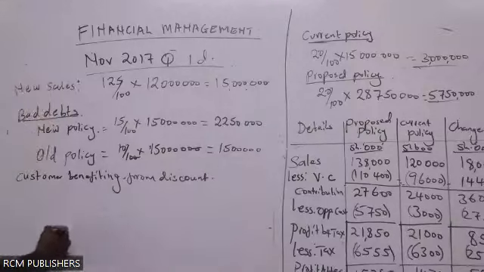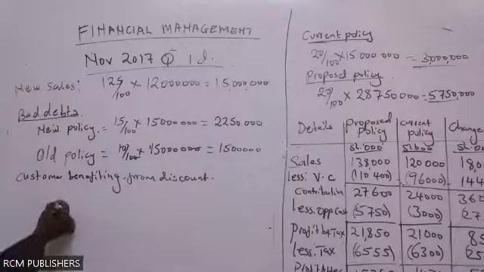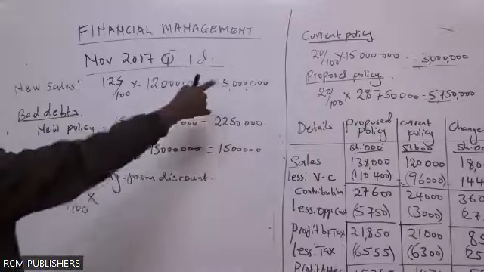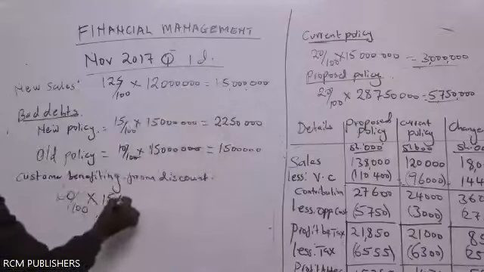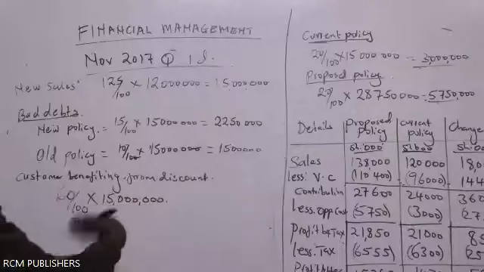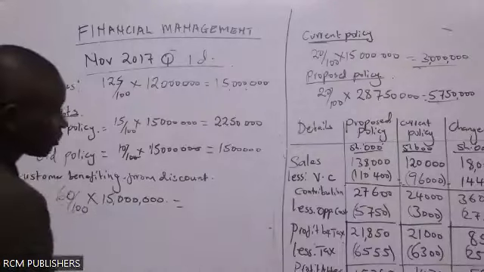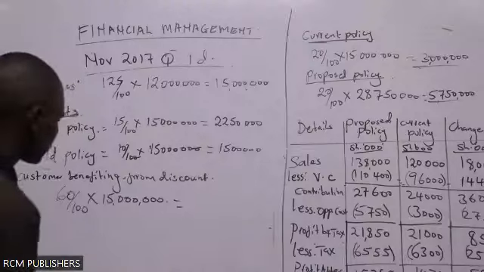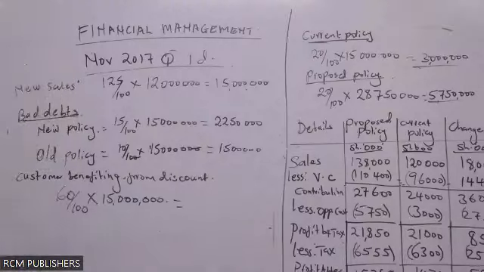How many customers will they be? 60/100. It's like 60% of our sales benefit. Because of that, it will be treated like an expense. Discount is like an expense. We have given it, but still it's making them pay.